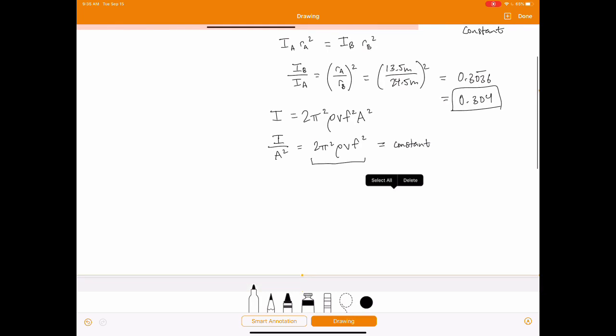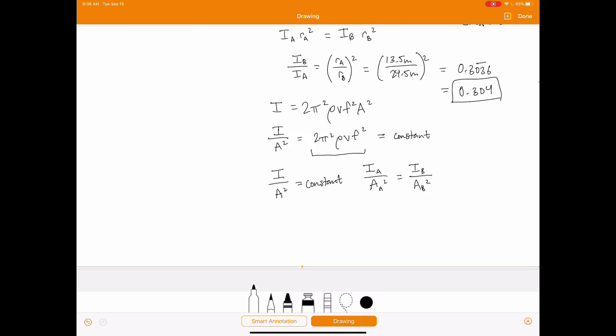So in other words, intensity divided by amplitude squared is a constant, which means we can write the intensity that Alice receives divided by the amplitude of the waves that Alice is receiving squared is equal to the intensity that Bob receives divided by the amplitude of the waves that Bob receives. And what we're trying to get at here is the ratio of those amplitudes.